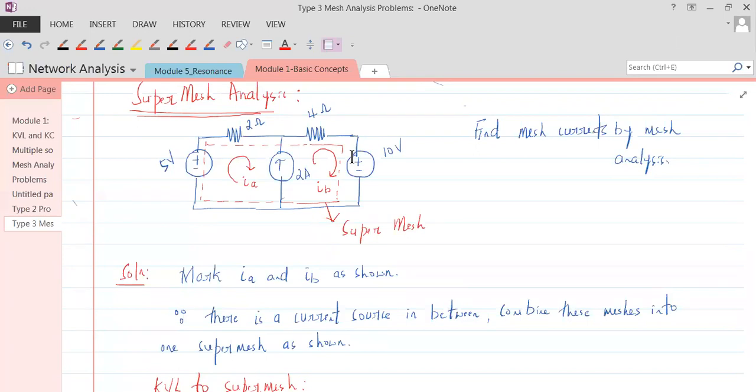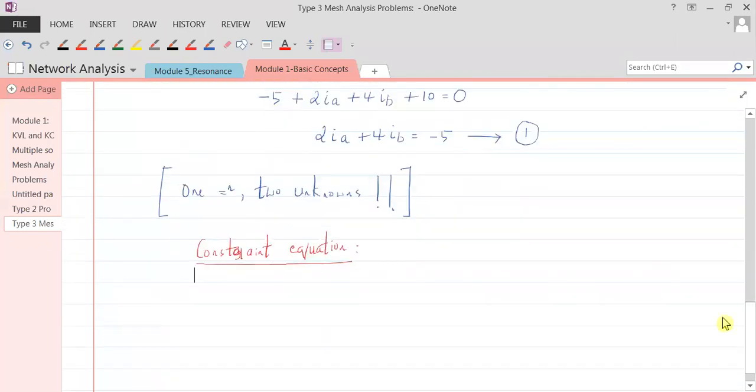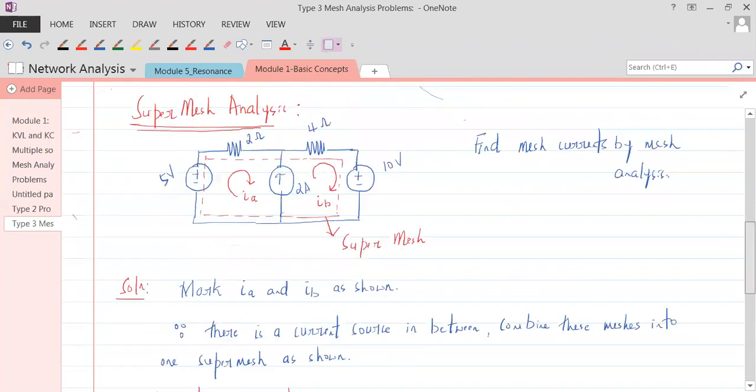IB is in the direction of 2 amperes and IA is opposite to the flow of 2 amperes. That means this 2 amperes is IB minus IA. Get that, everybody?